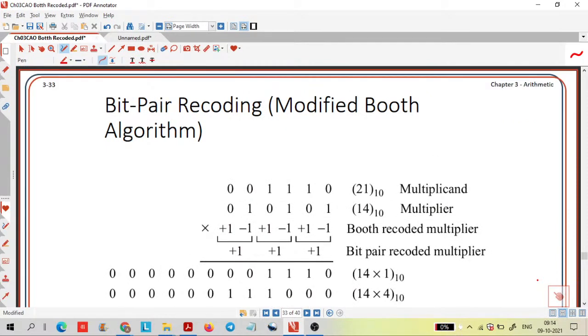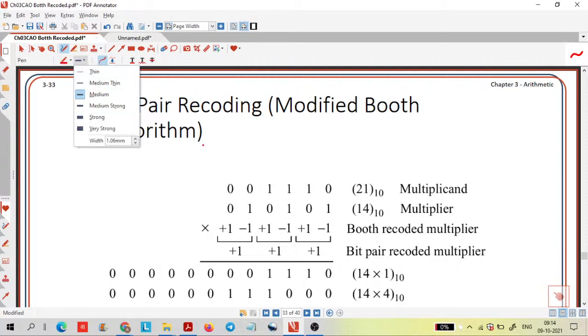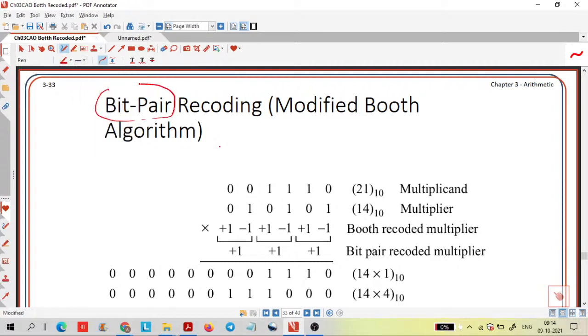So the next method is called the bit pair recoding method, bit pair recoding or modified Booth algorithm.